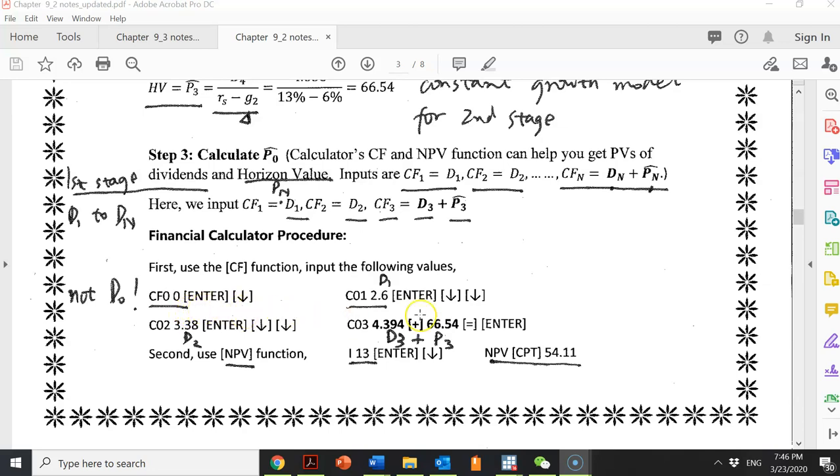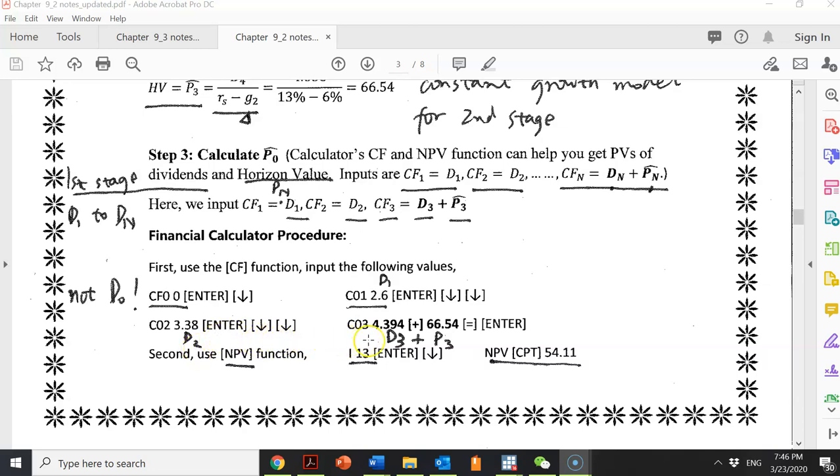Enter, down button. Frequency 1 should be 1. Cash flow 1 should be 2.6, the value for D1. Enter, down button. Frequency 1, down button. Cash flow 2, 3.38, D2. Enter, down button.